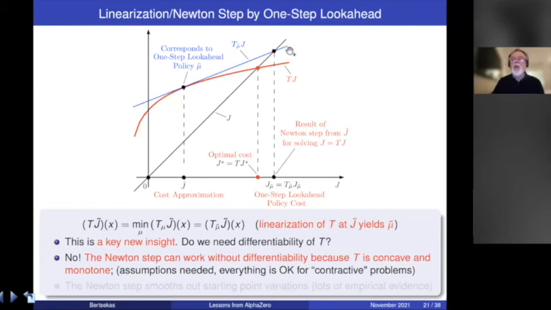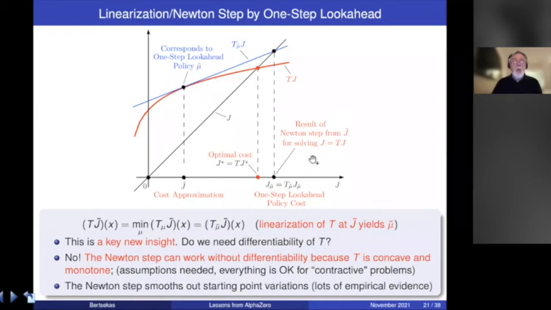And this can be provided by a subgradient or by a gradient just as well. Now, you do need some assumptions for this process to be valid, because there are all sorts of anomalies that can occur here. But everything works out fine for contractive problems, such as the discounted problem that I gave earlier.